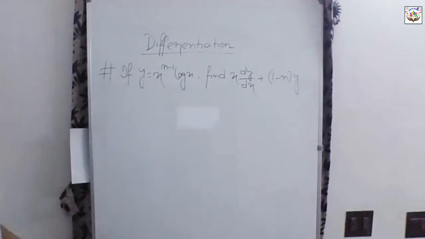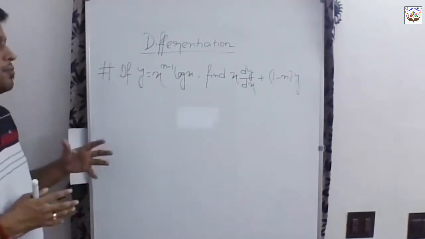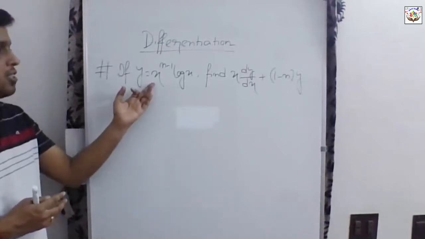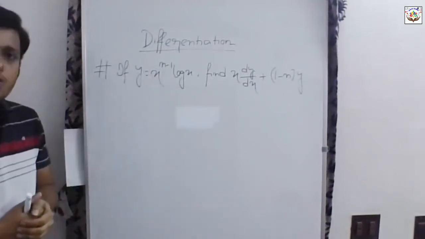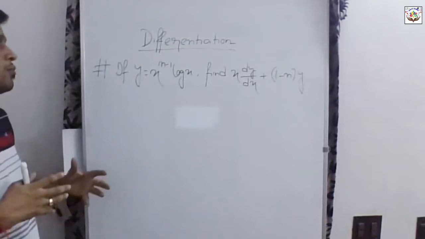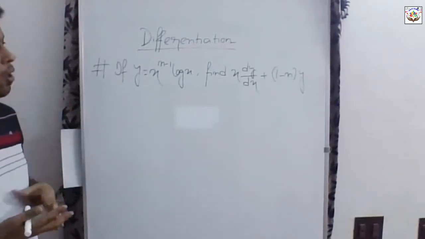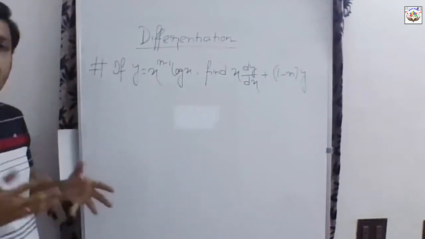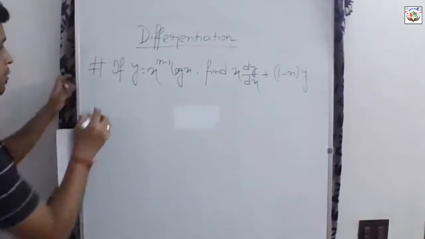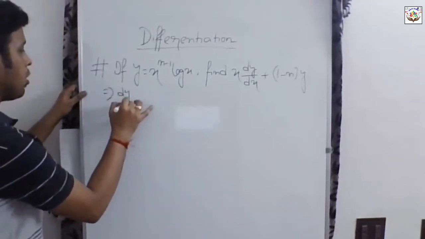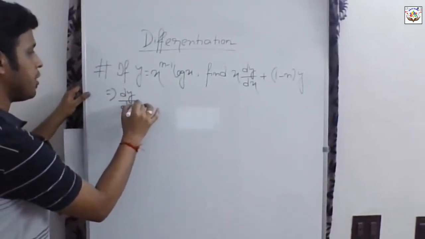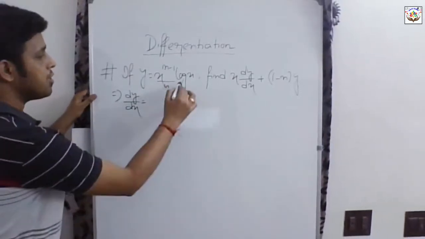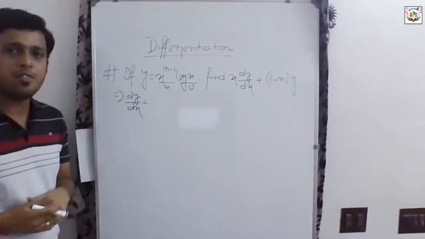Now, as this function contains x to the power n minus 1, we can proceed with the differentiation which we usually do. Suppose we proceed normally, x to the power n minus 1 can be considered as the u function and log x can be considered as the v function.